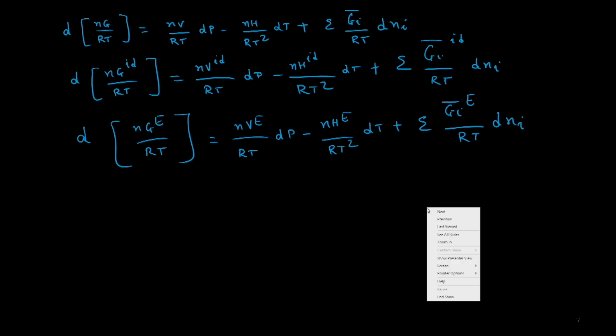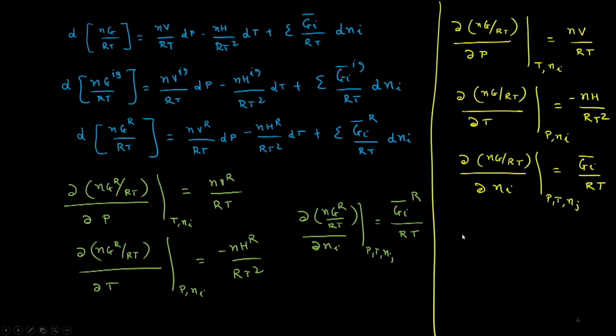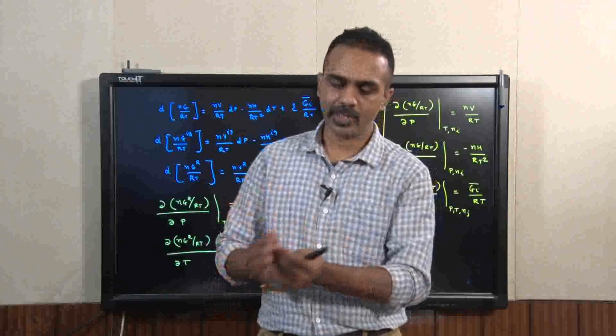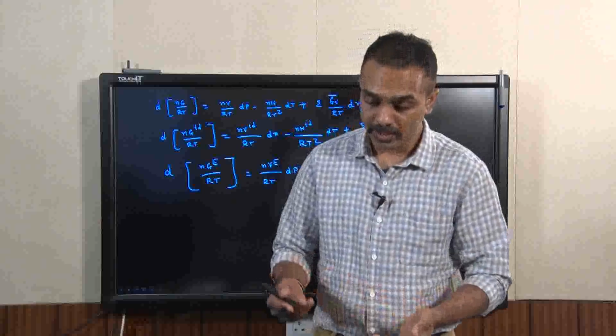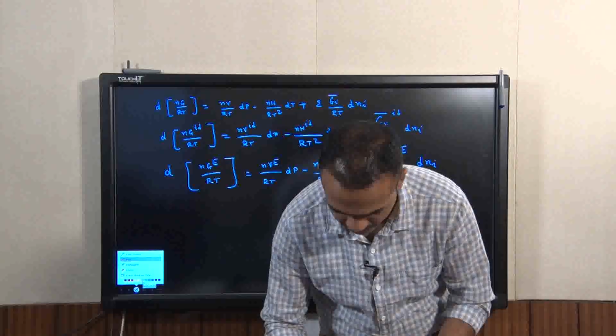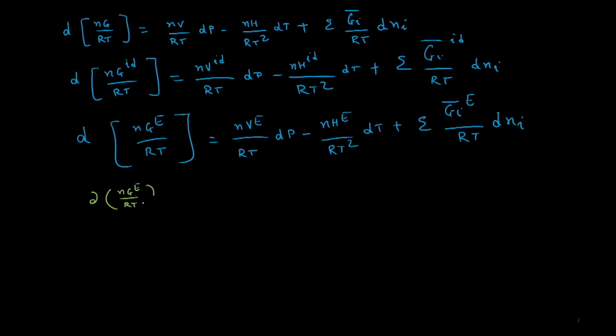Now compare this equation for excess property with the previous equation for residual property. The equations look identical. The residual property simply needs to be replaced with the excess property. And as in this case, I can again write all the derivatives we have written earlier. The derivative of excess Gibbs free energy over pressure at constant temperature and n_i is going to be nV^E by RT.